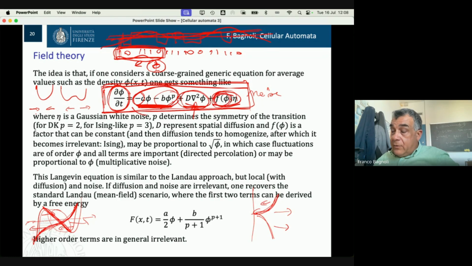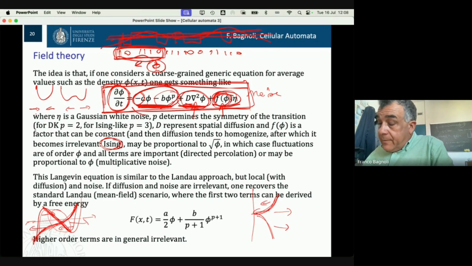which can depend or not on the phi. We may have essentially three situations. This constant, and then in this case, the dominant part is the diffusion, and you have a homogeneous state, essentially an Ising state, where the final state is a homogeneous one.